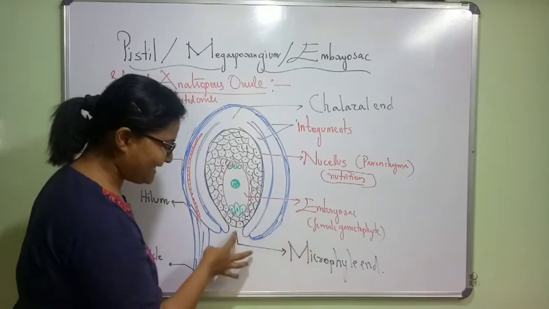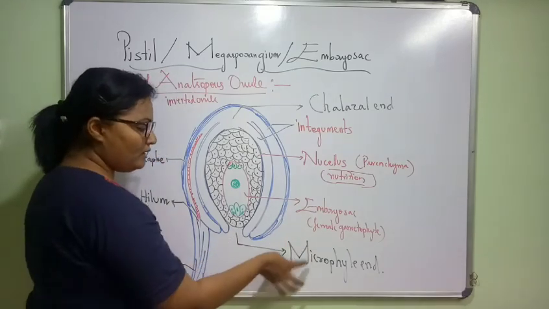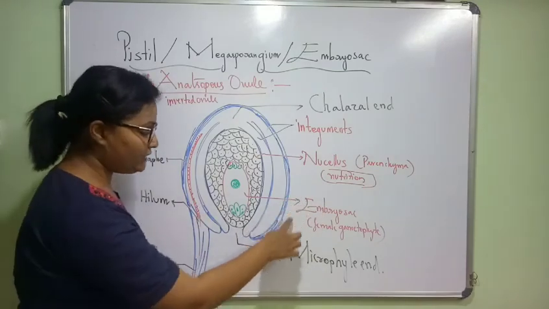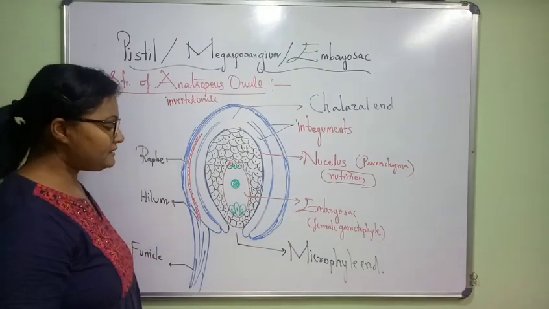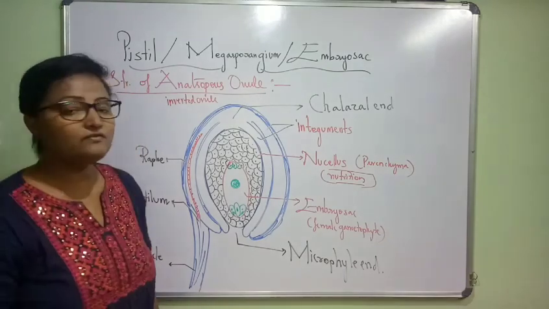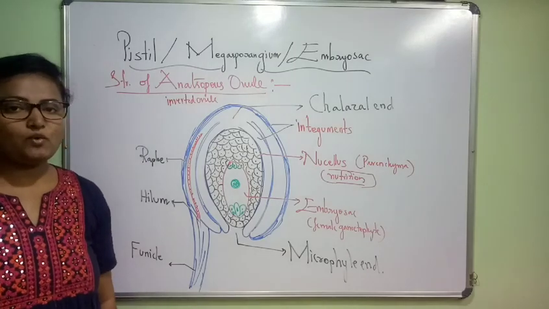In the maximum percentage of plants, fertilization occurs where the pollen tube enters from the micropyle end. So this is the structure of the anatropous ovule, an inverted ovule. Okay, next we'll study megasporogenesis.